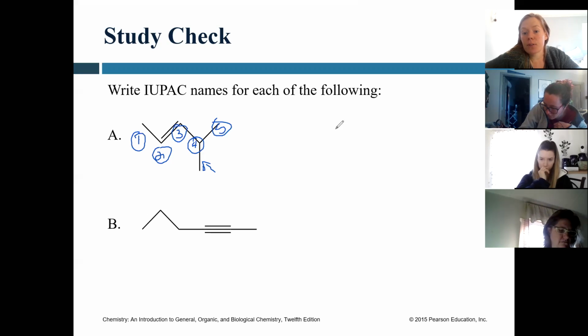So what is the prefix for 5? Pent. And then because there's a double bond in it, we're going to make it pentene. Now we have to say where that double bond is, because the double bond could have been here. It could have been here. So you've got to let the reader know, hey, this double bond is happening, or it's starting on the second carbon.